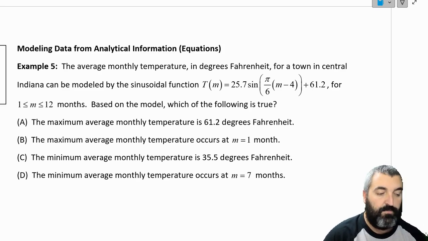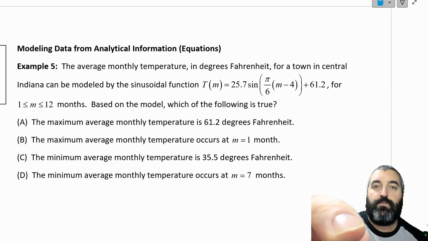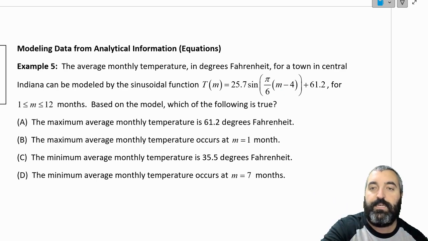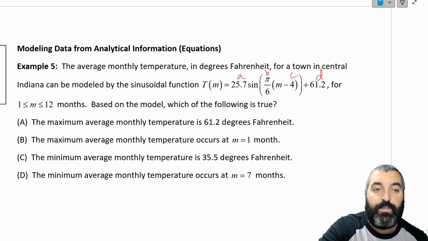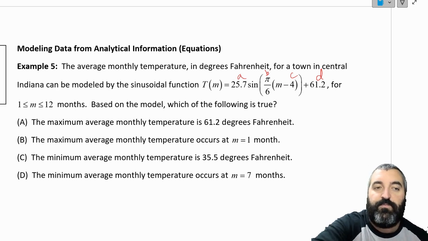Again, you look at what's told here, and we have our A, B, C, and D values, and they all tell us something different. I would look at your answer choices first, because the answer choices are going to tell us what we're looking for.